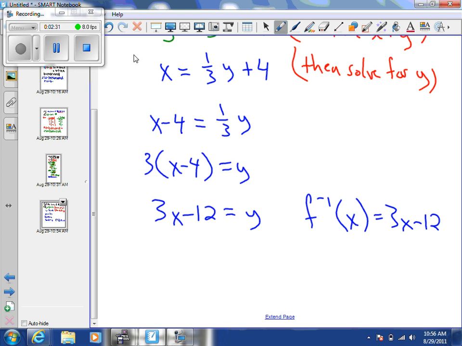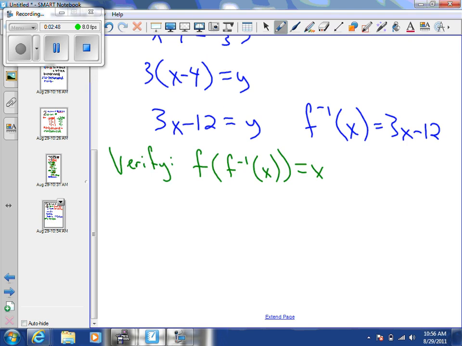Now, if what I told you previously is true, then we should be able to verify this. I'll run through that example with you. Once again, I want to show that f of the inverse gives me x, and that f inverse of f of x is also x.